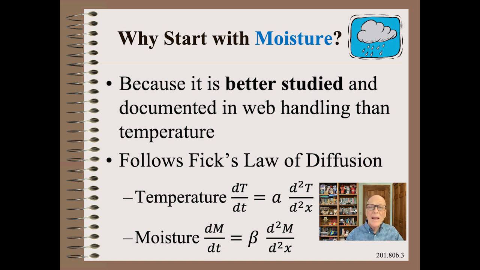Note that we will label diffusion constants differently as well. In the case of temperature, alpha is the coefficient of thermal diffusion, and in the case of moisture, beta is the coefficient of hygroscopic diffusion. Two systems understood for the price of one. How nice!